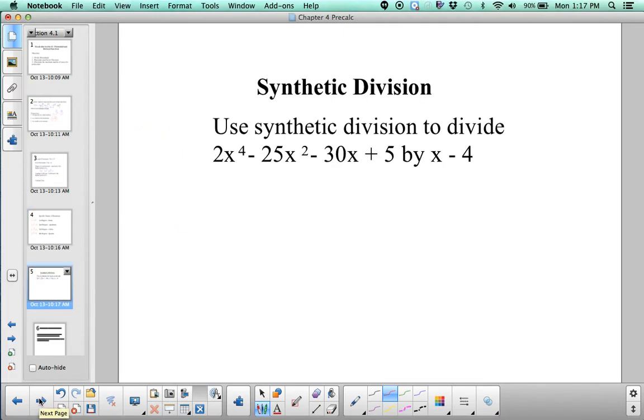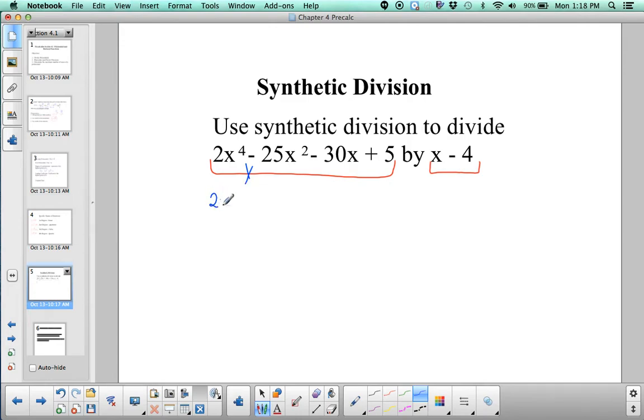Now we're going to look at an example of synthetic division. Synthetic division is when you are taking one polynomial and dividing it by another polynomial. So I'm taking this polynomial and I'm dividing it by x minus 4. I'm going to use synthetic division. One of the first things you want to look for is to make sure that nothing is missing if you're going in descending order.